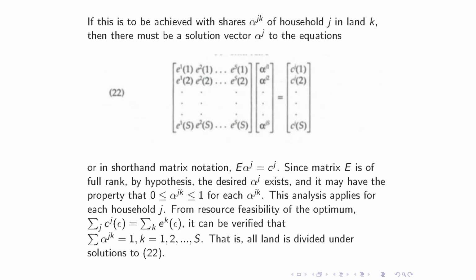So we're trying to achieve this allocation that came from maximizing a lambda-weighted sum of utilities by dividing the different land types into shares, except now we have even more power because we do not require that household J have the same shares in all of the land types K. We have this alpha JK for household J in the land type K.